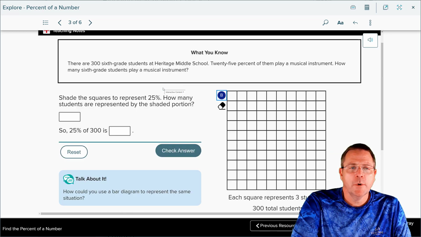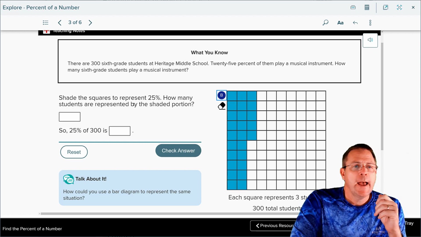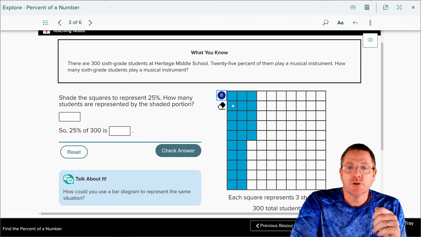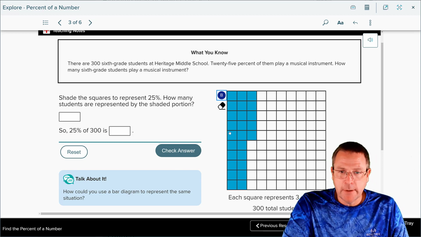All right, now they want us to actually do it. We're going to shade squares to represent 25% of our kids, so let's do that. All right, I've got my 25% shaded. How many students are represented in the shaded portion? Well, each one of those spots is going to represent 3 students.